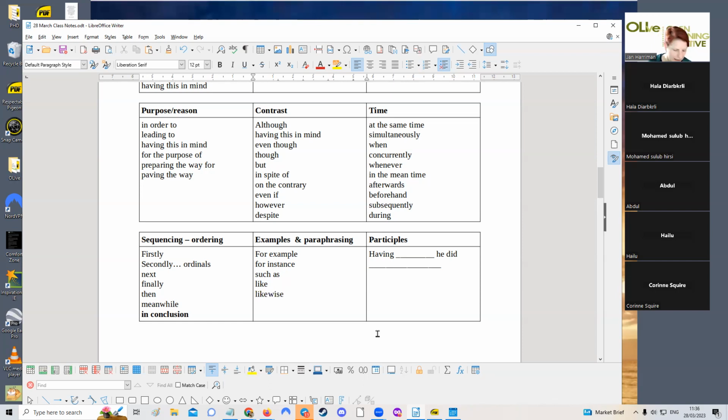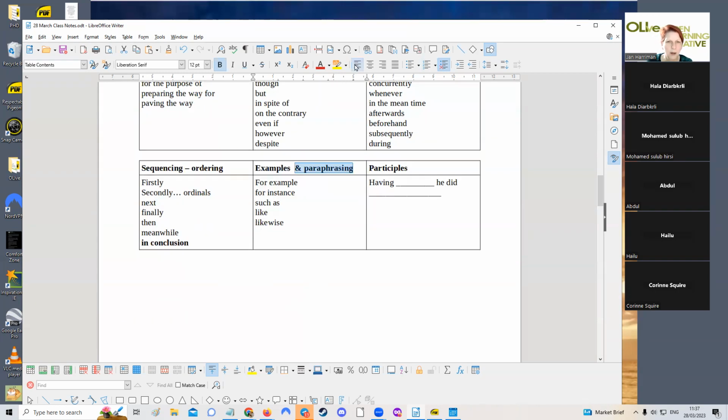How about paraphrasing or rephrasing? I should probably have done these separately. This is a bit confusing. What do I mean by paraphrasing? It means saying the thing that you've already said, but slightly differently. So I'm going to pop in a new box real quick.